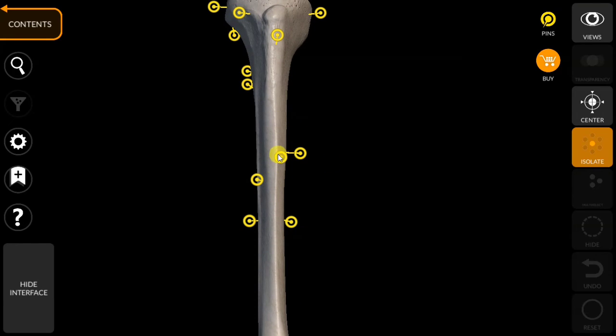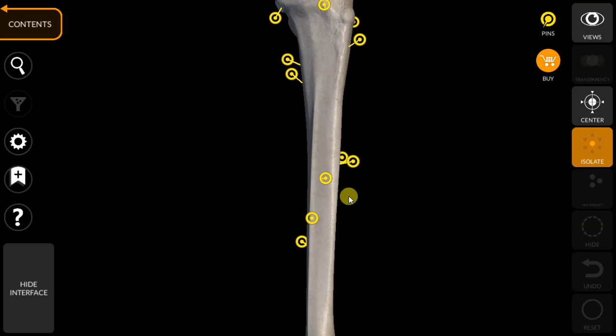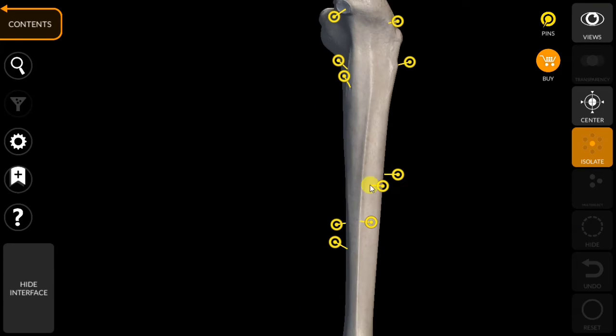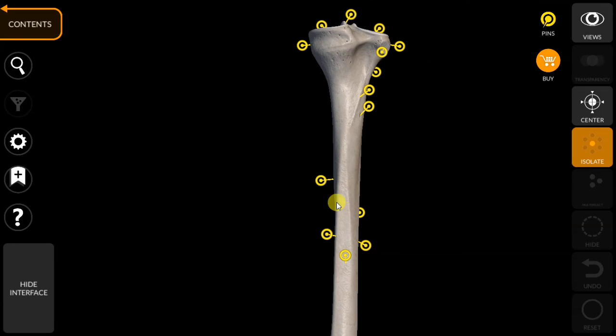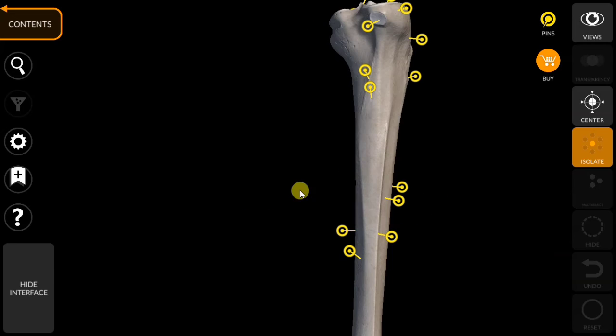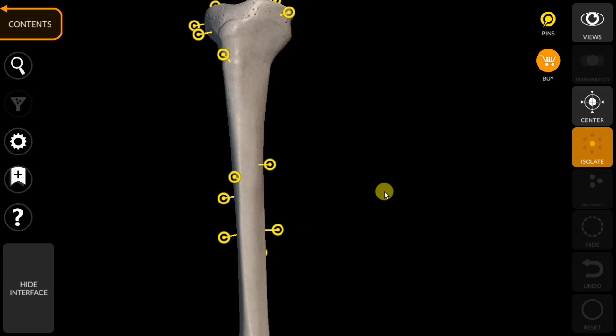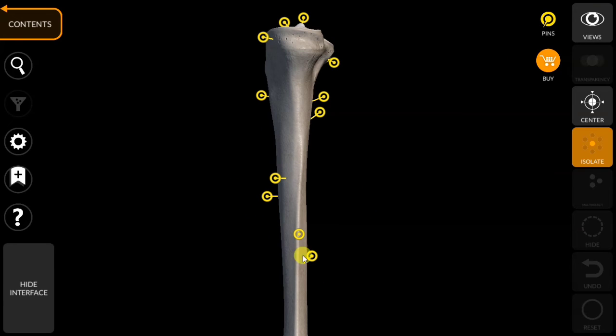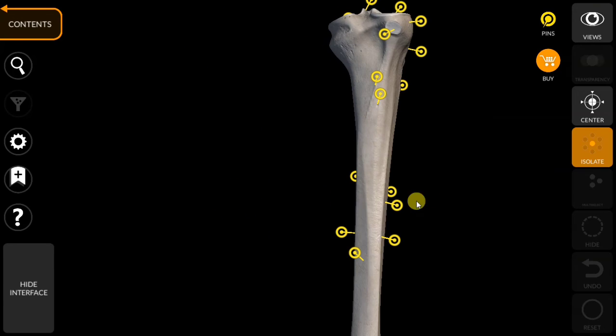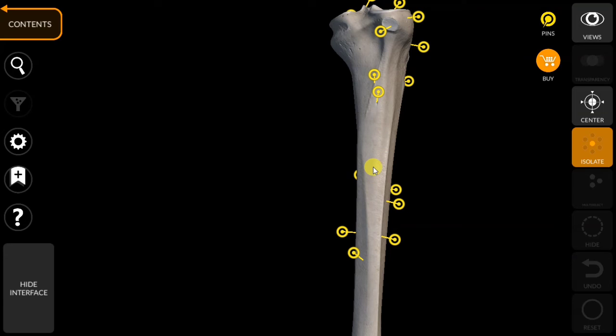The first one is the anterior border, another one is the lateral border, and the third one is the medial border. And there are three surfaces. The surface on the medial side is called the medial surface, this one. On the posterior side it's called the posterior surface, and on the lateral side this is called the lateral surface.